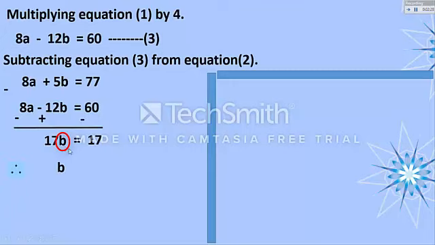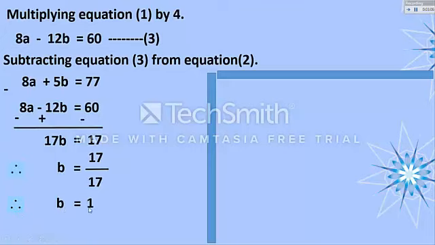That is b is equal to 17, and this 17 multiplied, after taking to the RHS side, becomes divided. Therefore, b is equal to 17 divided by 17. What answer do we get? 1.